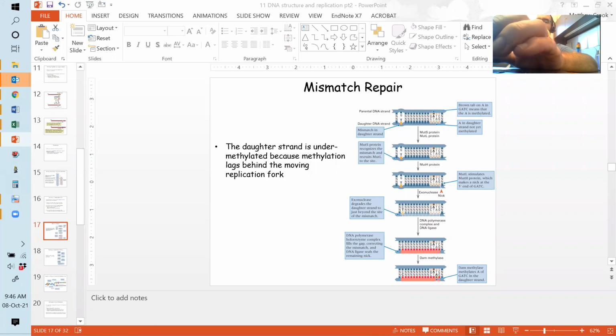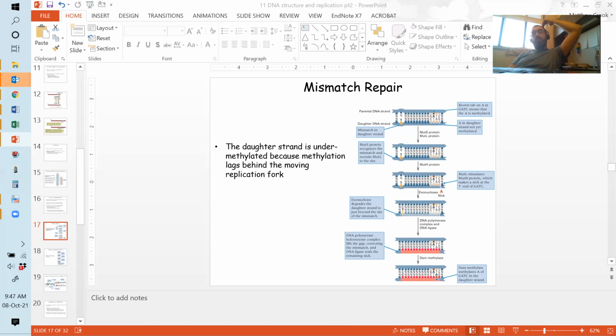And that basically means some bases have methyl groups on them. And that changes what they look like, right?